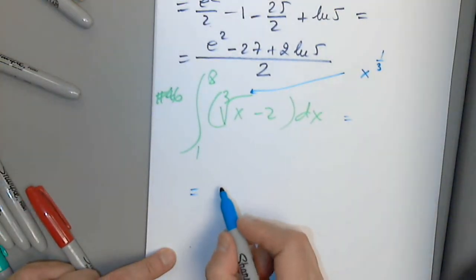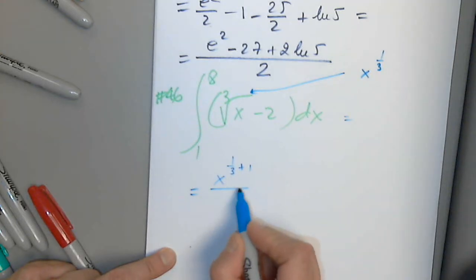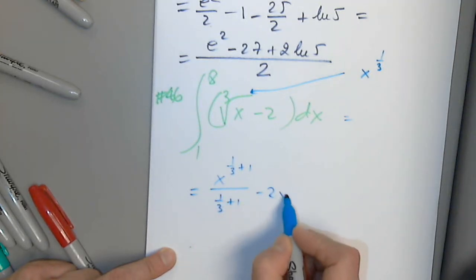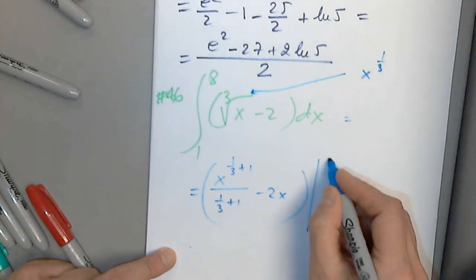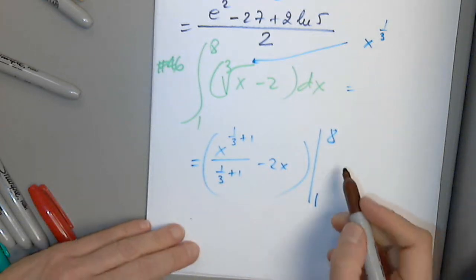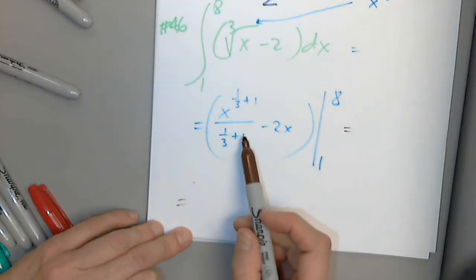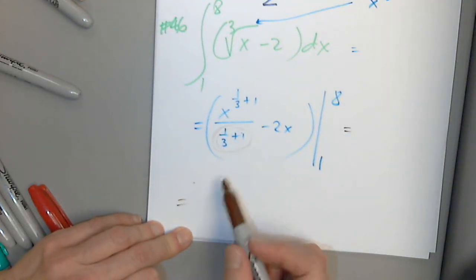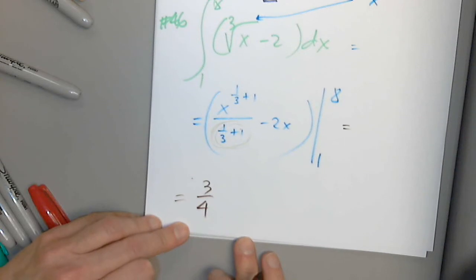So then I have x to 1/3 plus 1 over 1/3 plus 1 minus 2x from 1 to 8. Again, this is the fundamental theorem of calculus part 1, in which we are finding the antiderivative, and then we will plug in 8. The denominators are going to be 4/3, but I flip it into 3/4.